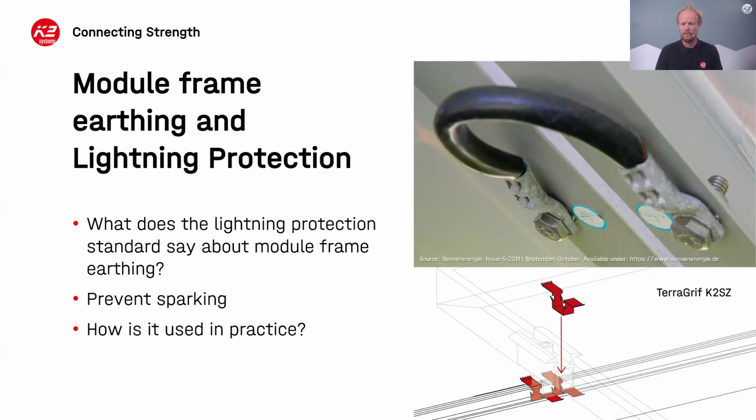One of the best ways of doing that is with a 6mm cable, which you can see here, but there are a number of ways you can do this as well. We're going to go through that in a little bit more detail.